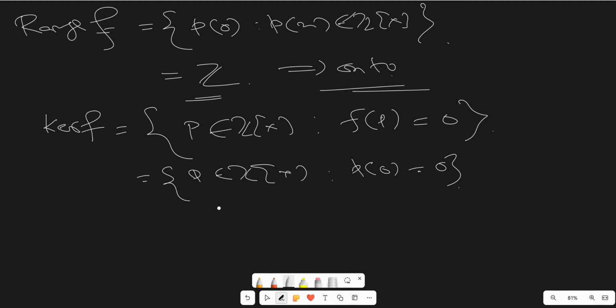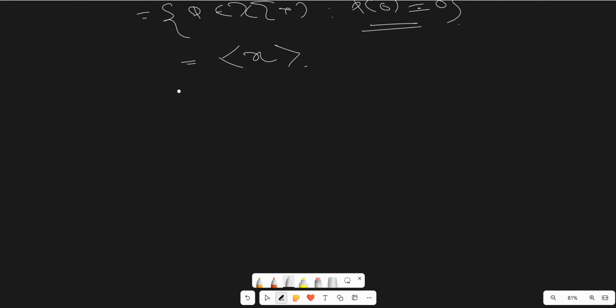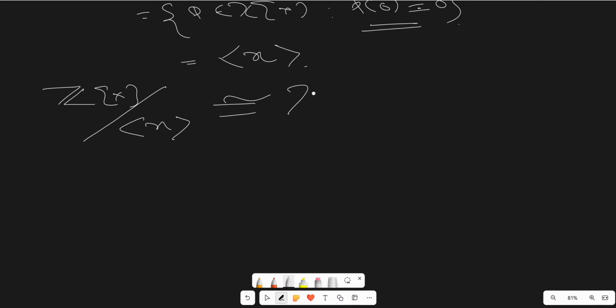If p(0) is 0, that means there is no constant term, since p(0) means the constant term. So can't you see this is the ideal generated by x? x generates all polynomials with zero constant term. So by the first isomorphism theorem, Z[x] mod the ideal generated by x is isomorphic to the image Z, because of onto.